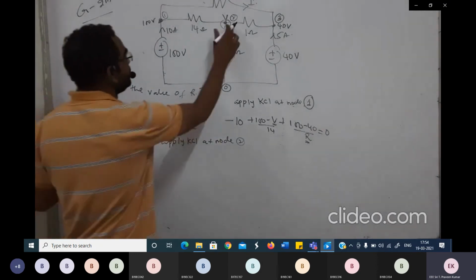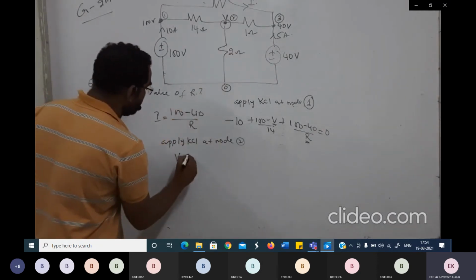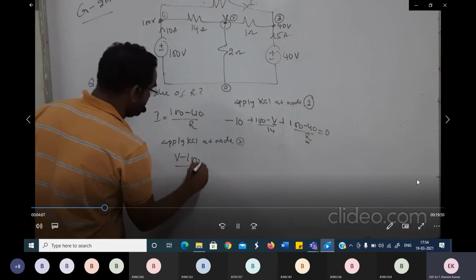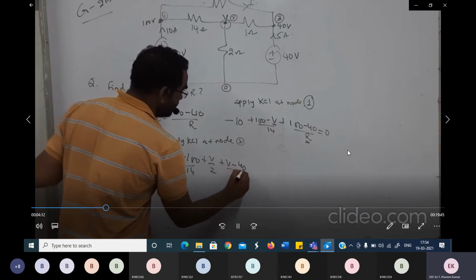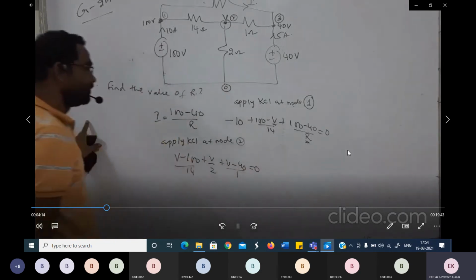What do I get if I go with this? I get V minus 100 divided by 14, plus V by 2, plus V minus 40 divided by 1, equals 0.